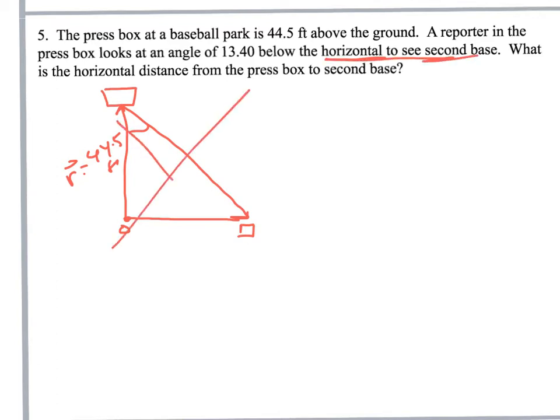So that's not correct. So we want to come back up here and say, well, here's our press box. And we're still going to say this distance right here is 44.5 feet above the ground. So we can still call this ground. We won't yet call it the origin.